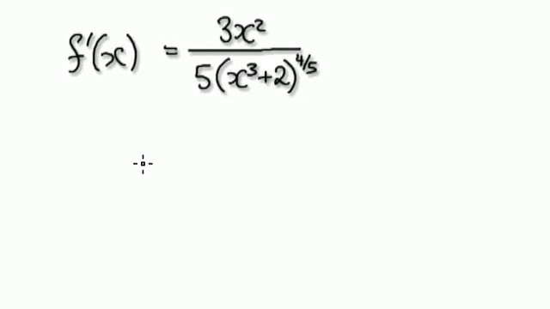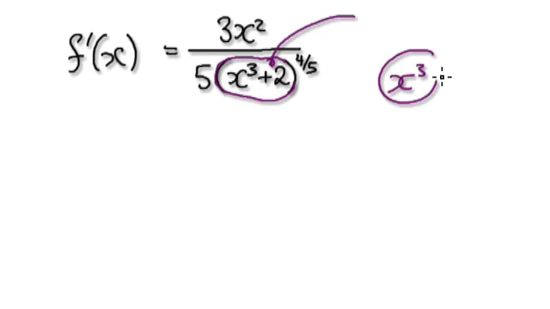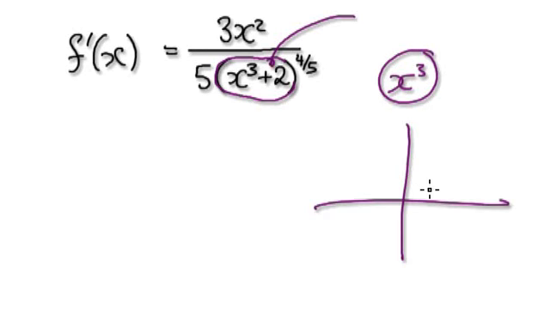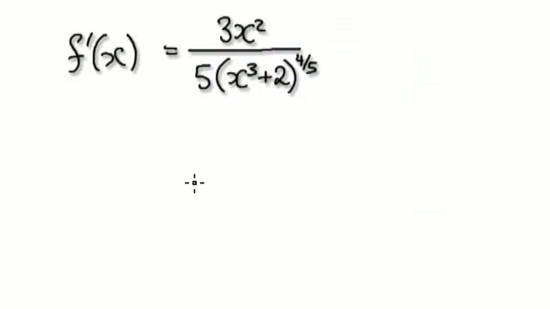When x gets very big, we can imagine this as x to the power of 3. Because if you look at it, x to the power of 3 looks like this. x to the power of 3 plus 2 looks something like this. Let's just assume that this thing here is x to the power of 3. Okay, so when x gets very big, we can think of it as being like this.